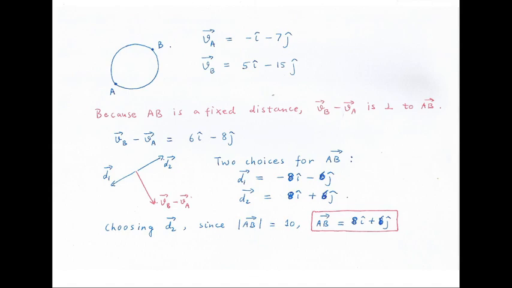Why? Because the distance AB is fixed, and therefore the velocities of A and B parallel to AB must be equal. If the components of velocities of A and B along the line AB are unequal, then the distance will immediately change.